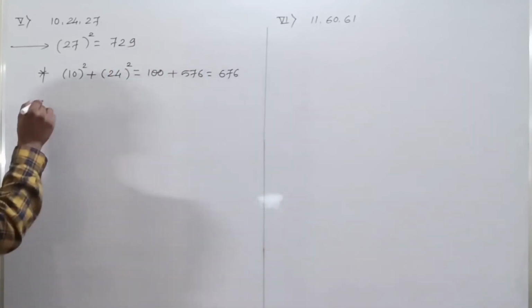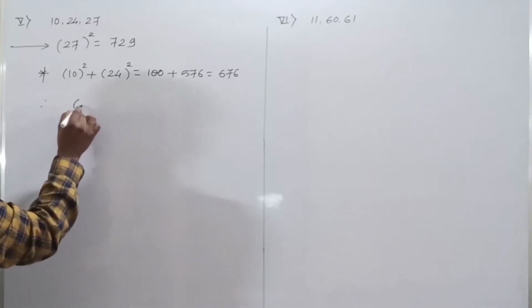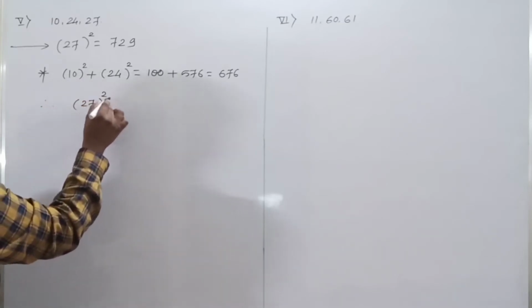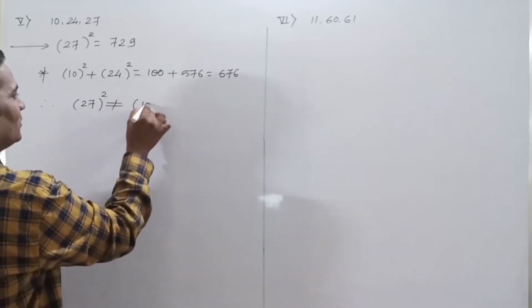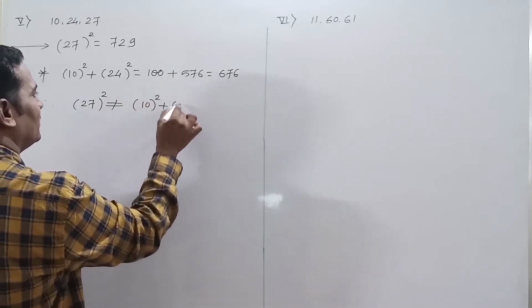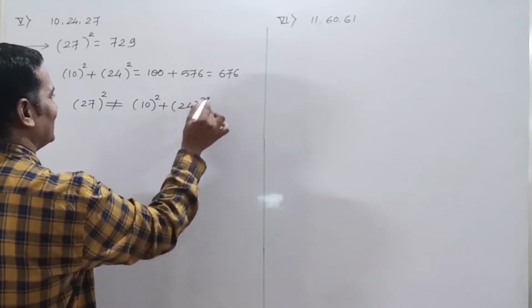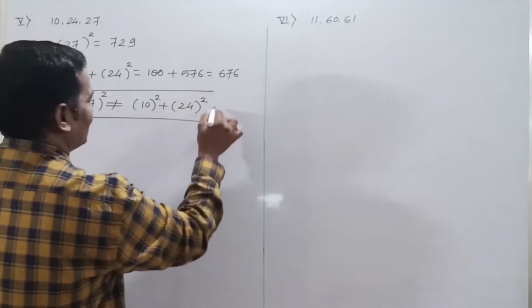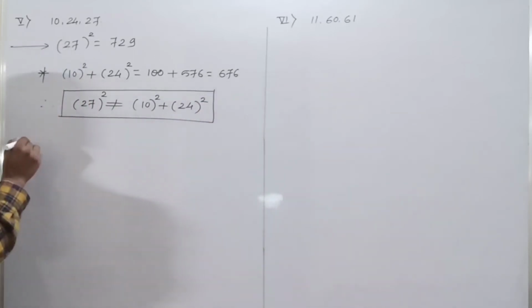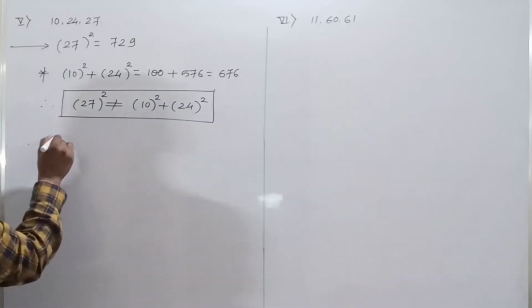So here, therefore, we can say that the square of the largest number is not equal to the sum of the squares of the remaining two numbers, like this. And if such a condition is there, we will write that in words also.